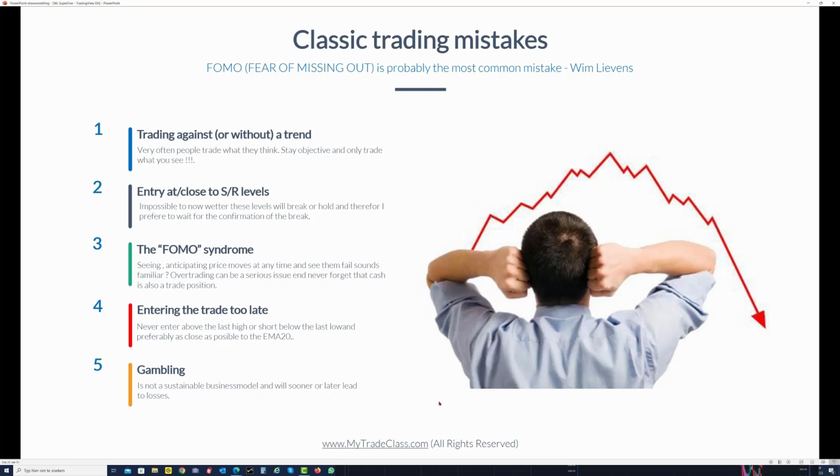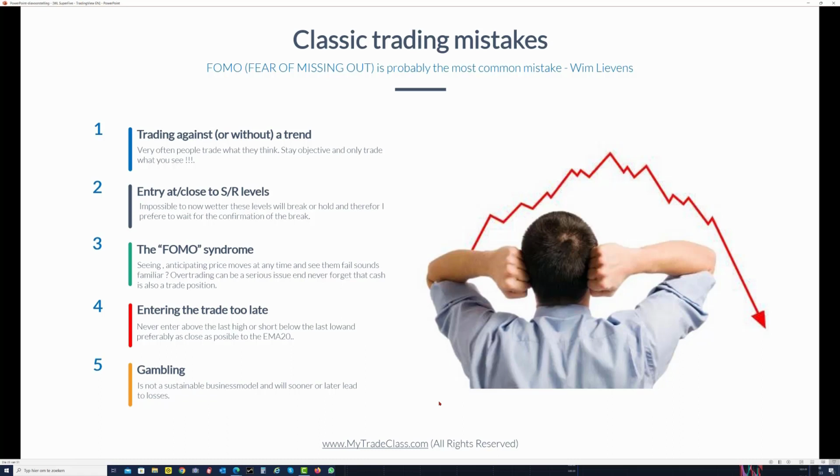Then the third reason, one of the main reasons why this tool was developed, is the fear of missing out syndrome, and just trading too much, trading signals without context. Therefore with this tool we tried to bring this idea of good market conditions into the tool as a filter.